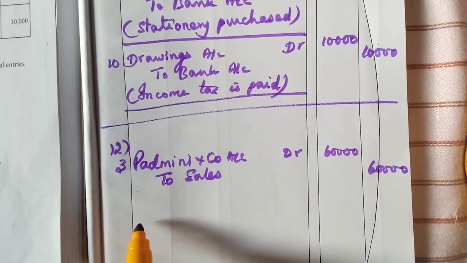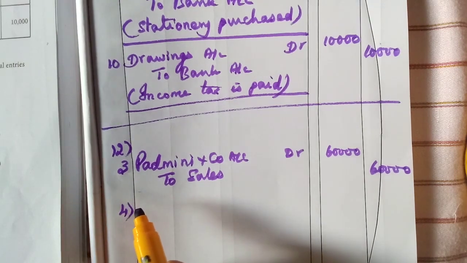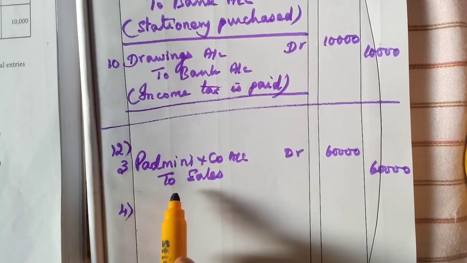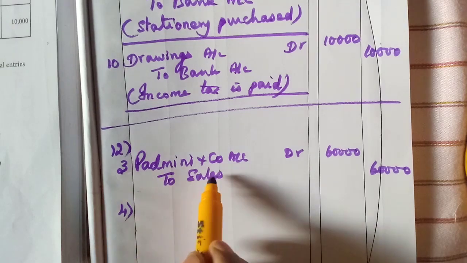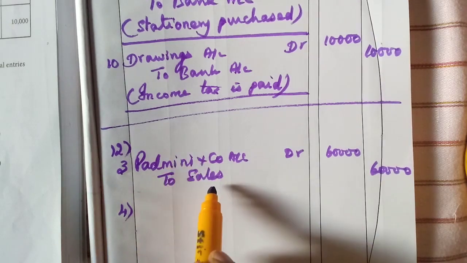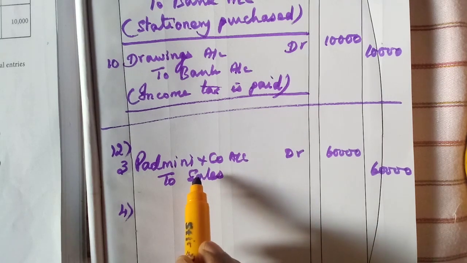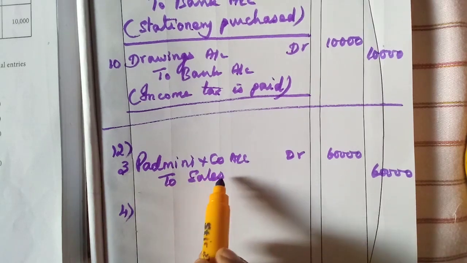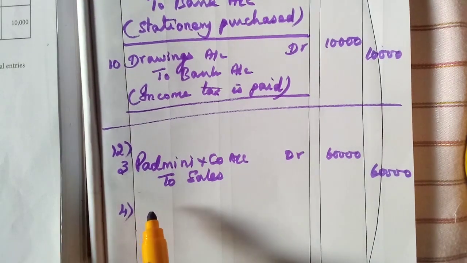Now, bills received from Padmini and Co. for the amount due. Now, we are receiving the bill. I have told you yesterday about the bill. The bill will be drawn by the person who is selling, isn't it? So, we are selling the goods. Padmini is receiving. So, we are writing that bill and giving it to Padmini, so that Padmini and Co. will accept that one. Okay, so that is called bills receivable.